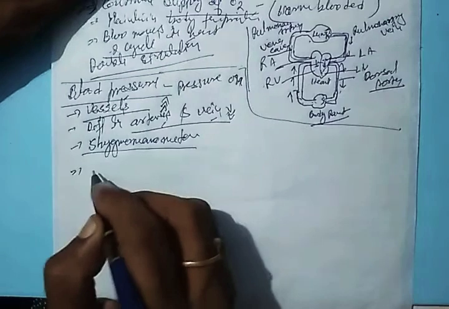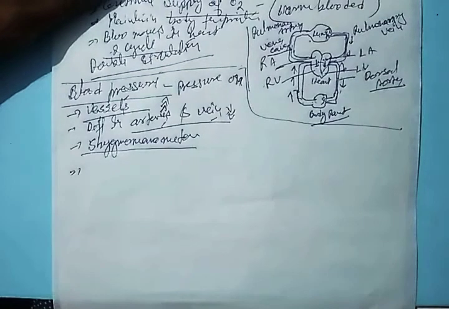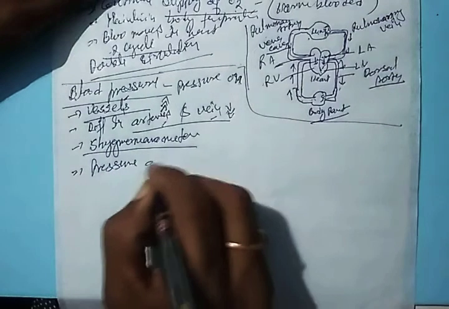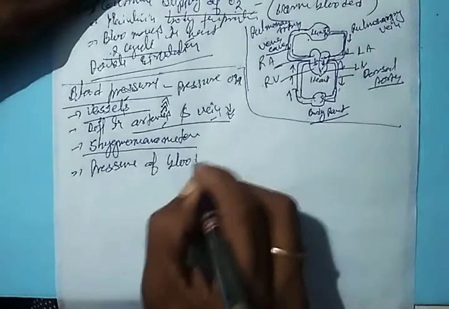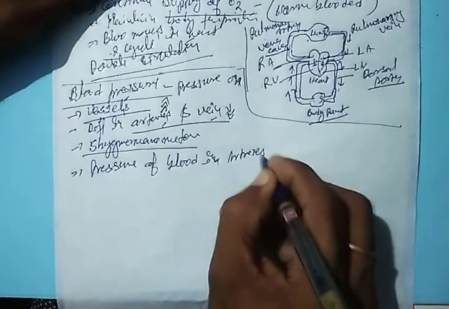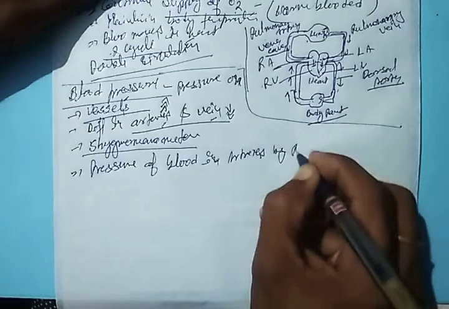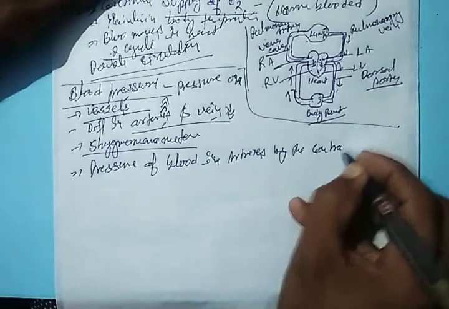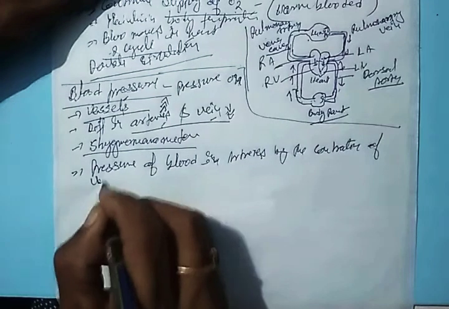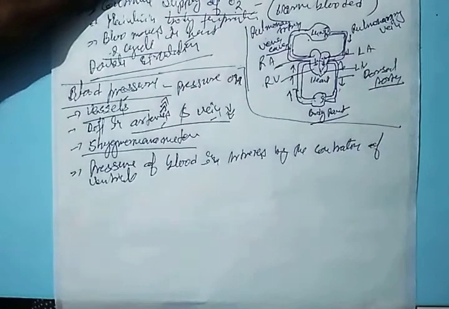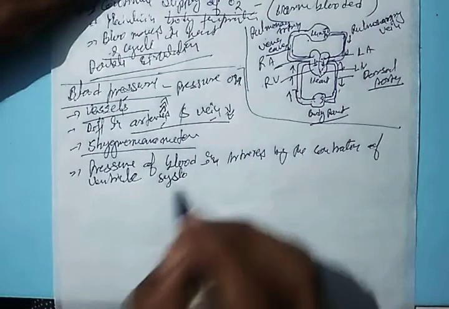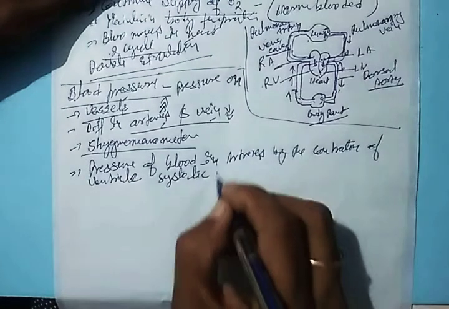First is the pressure of blood in arteries by the contraction of ventricle, that is called systolic pressure.